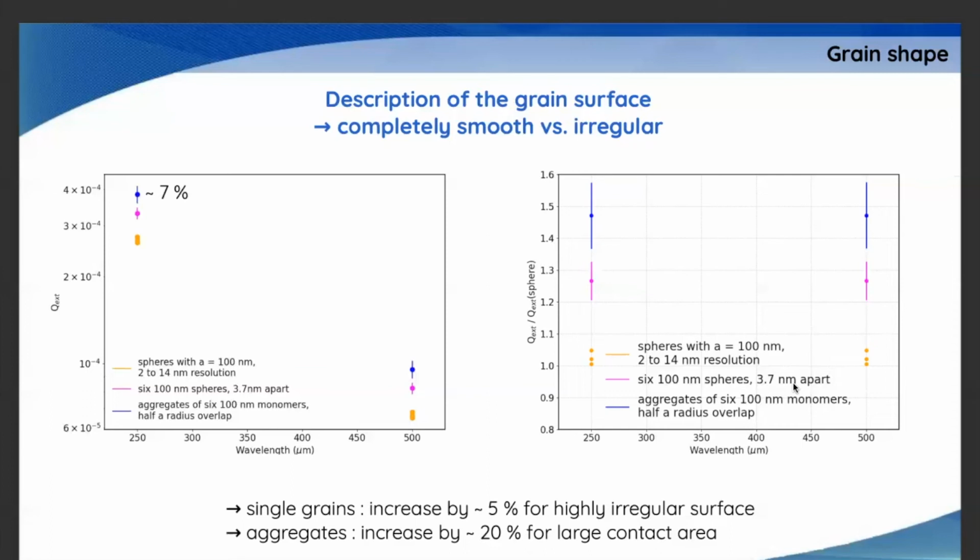Here I took 10 random arrangements, and you have a dispersion in the extinction efficiency of 7%. Compared to the sphere of the same mass, you have a factor of 1.5, more or less. So that's another source of uncertainty. When someone shows you an aggregate model, remember that this person chose an arrangement for their aggregates, and if you don't have this line plotted, you don't know how it varies.